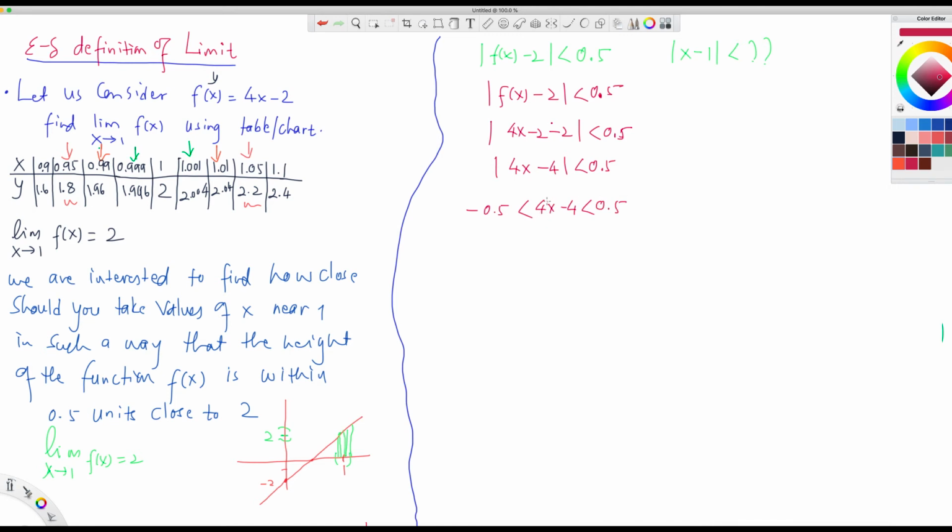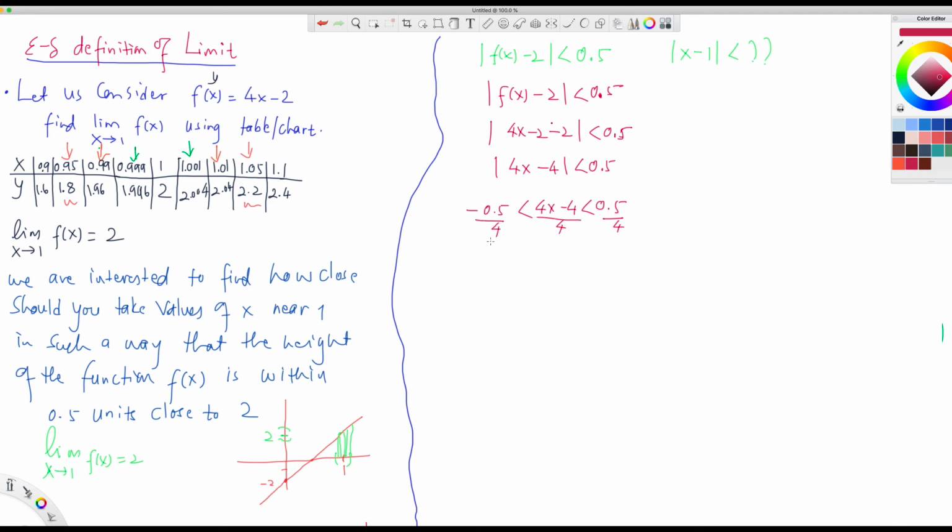Now you try to solve for x minus 1. You see that? Our goal is to find out the absolute value of x minus 1 less than what? So what I want to do is divide by 4. If I divide this by 4, divide that by 4, what do I get?